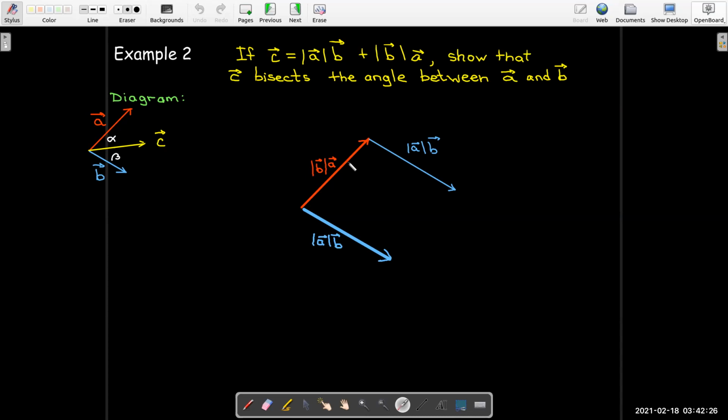The length of the red vector would be the length of B, which is just a scalar, times A. And I can factor that scalar out in front, so that would just be the length of B times the length of A.